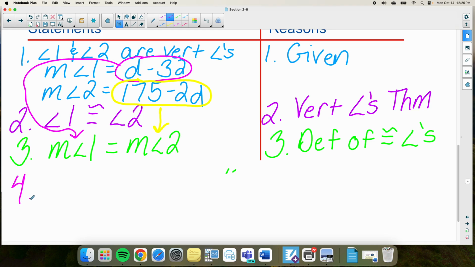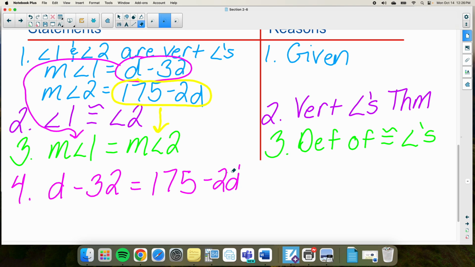So what I would get then is D minus 32 would equal 175 minus 2D. Okay? And what I did there is substitution property.